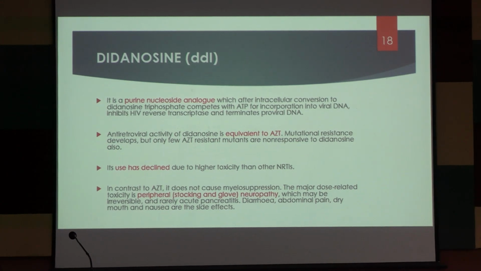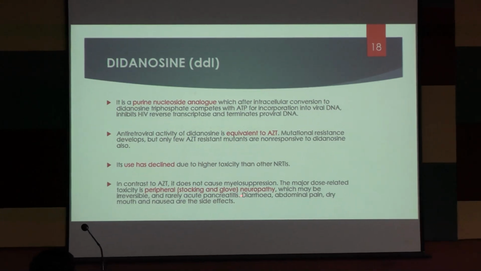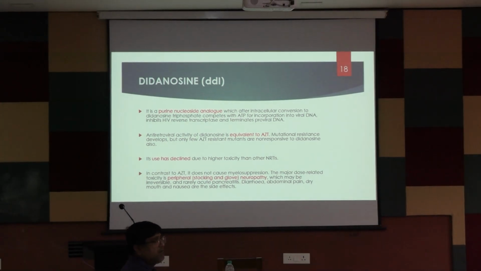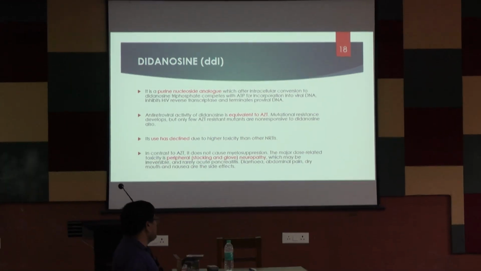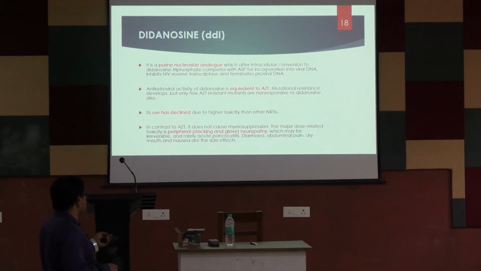It is equivalent to zidovudine in efficacy, but the use has declined because of toxicity. The important toxicity with diadenosine is peripheral neuropathy, that is the gloves and stocking pattern neuropathy, which may be irreversible, and hence it is no longer used nowadays.